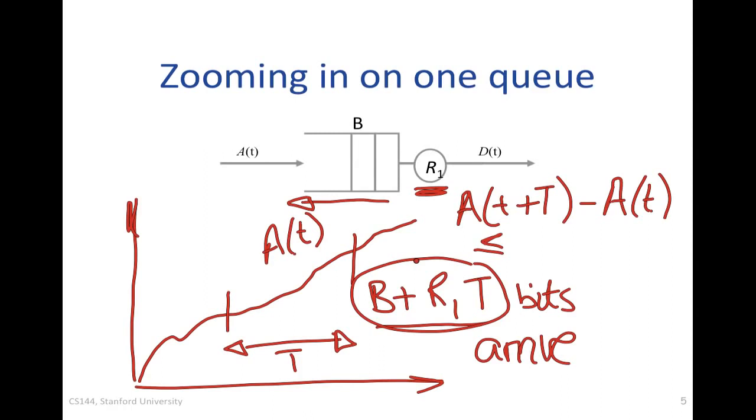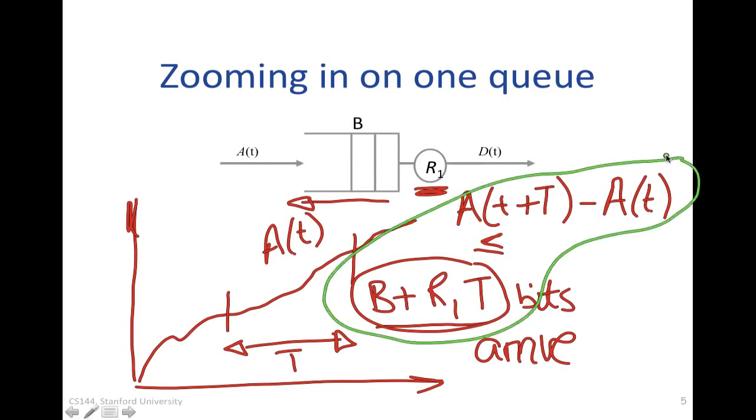If we can make sure that this guarantee is met, then the queue will never overflow, so we know the delay is guaranteed because we're serving at rate r1. And we've given quite a lot of leeway to the arrival process A of t. We've constrained it to make sure that it must fit within this requirement that in this time frame no more than b plus r1 t arrive, but we've given it some leeway on how it accomplishes this. So let's look at this in a bit more detail.